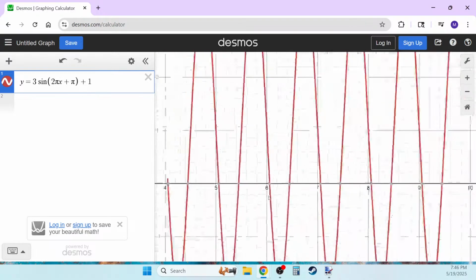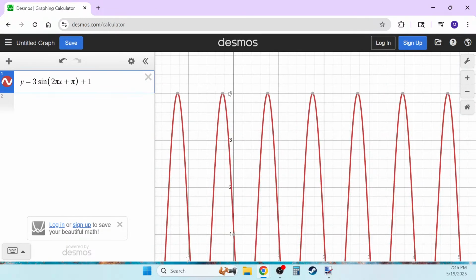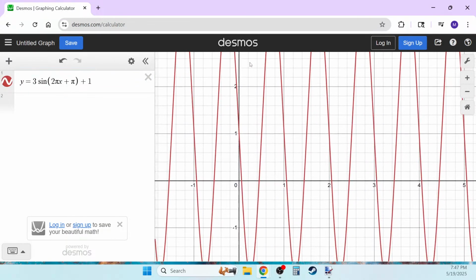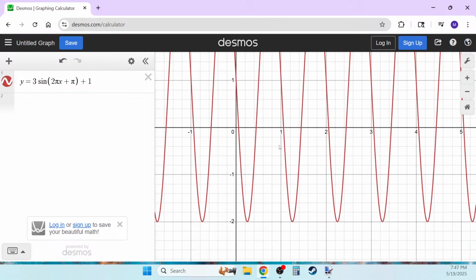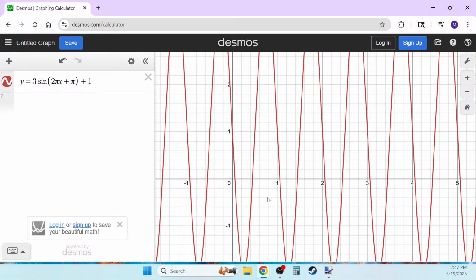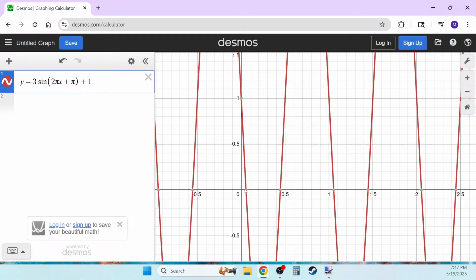And if I look at this here, I notice that I do indeed have a crest line at 4. My trough line is at -2. My wavelength, I complete one full wave between this point and this point. Notice that they are 1 apart from each other. We have point 0.05409.